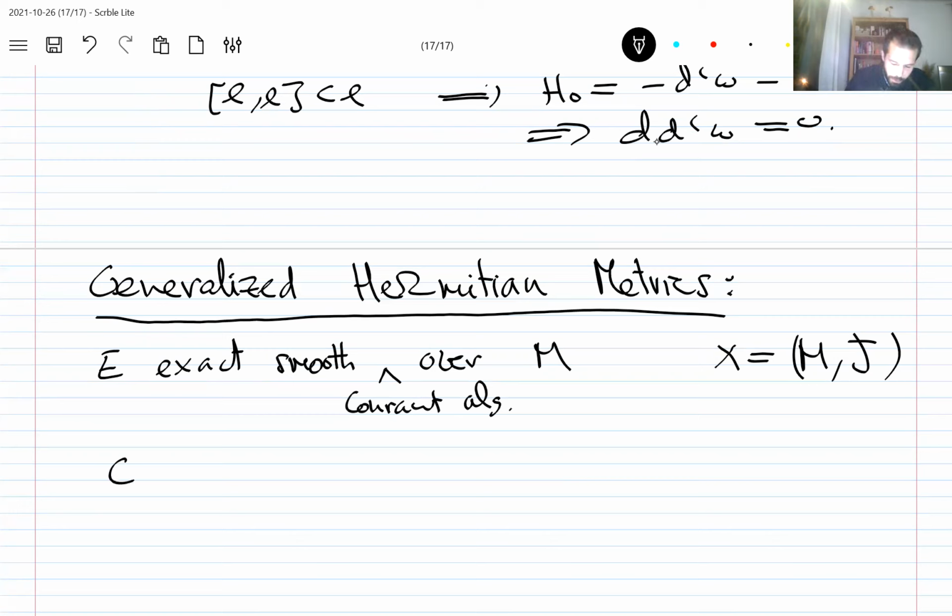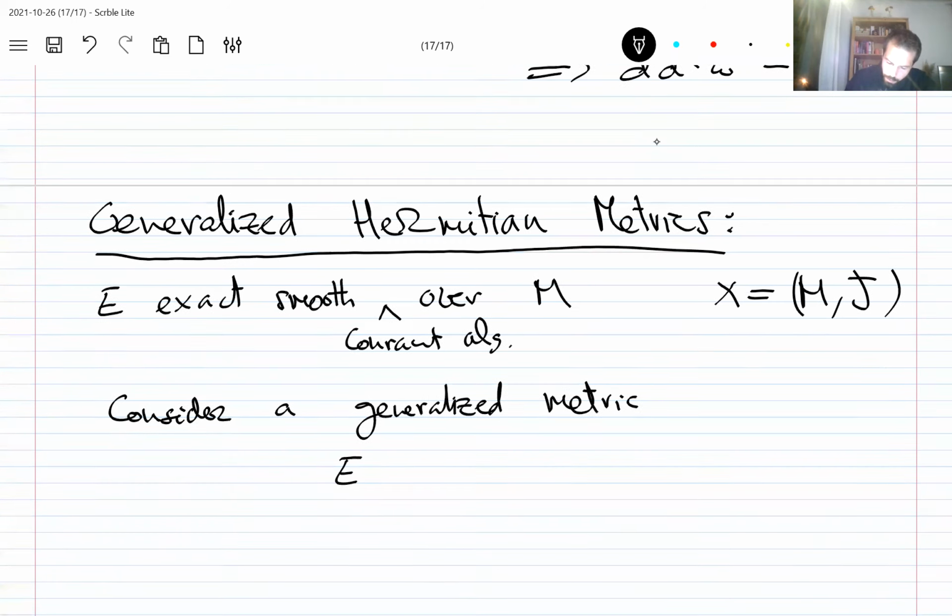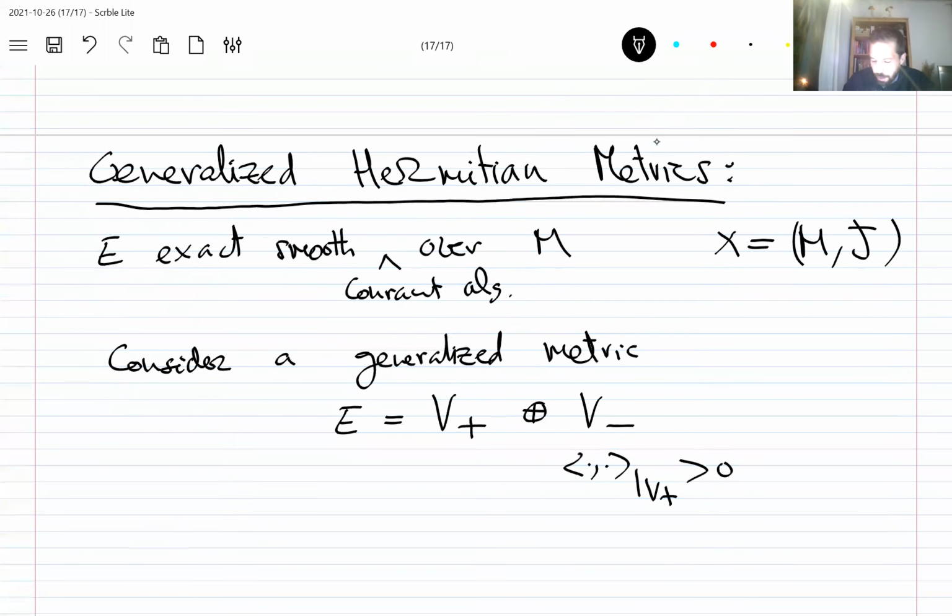So consider a generalized metric on E, which I'm going to regard as a decomposition into V plus and V minus, such that the pairing restricted to V plus is positive definite, and the rank of V plus is, yeah, I don't need to say anything because I'm in the exact case. Okay, so this is a generalized metric.